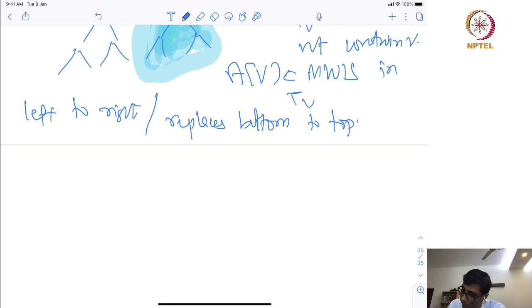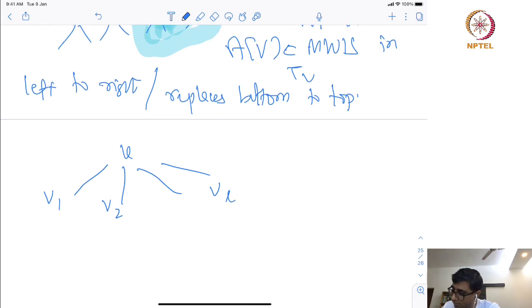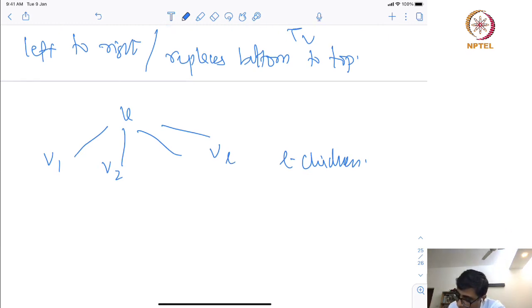Suppose we are at some vertex V, with children V1, V2, up to VL, so there are L children. Again, what is B of V?